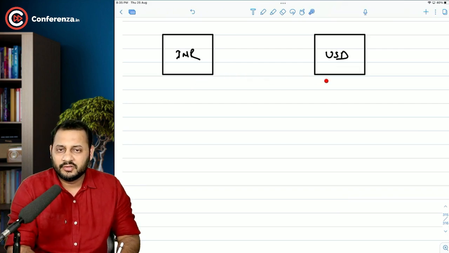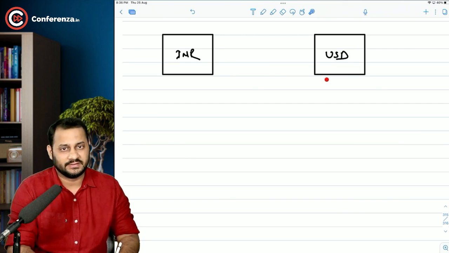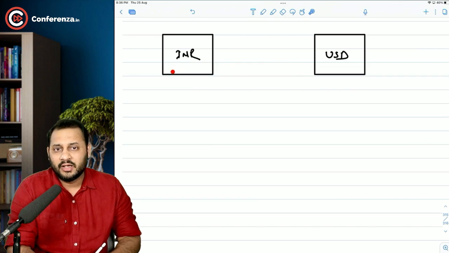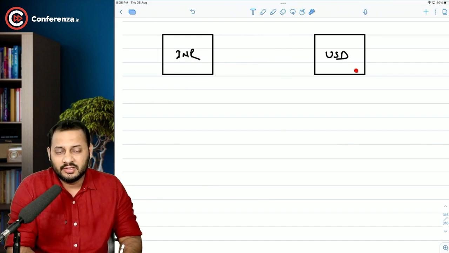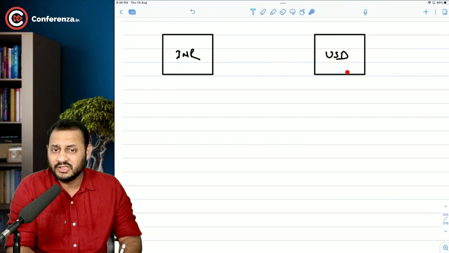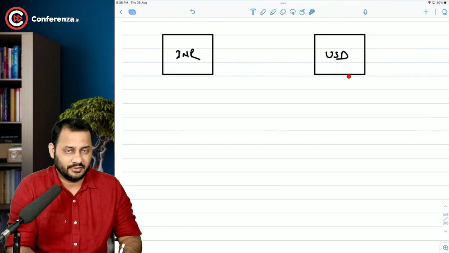Now the very first question is, when do you think the exchange rate risk arises? If an Indian party sells goods to an Indian customer, then there is no risk of exchange rate because both the parties are from the same country. If the US party sells or purchases goods from the US party itself, then there is no exchange rate risk as both the parties are from the same country.